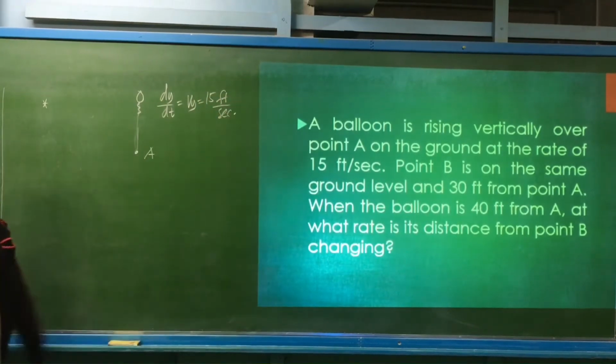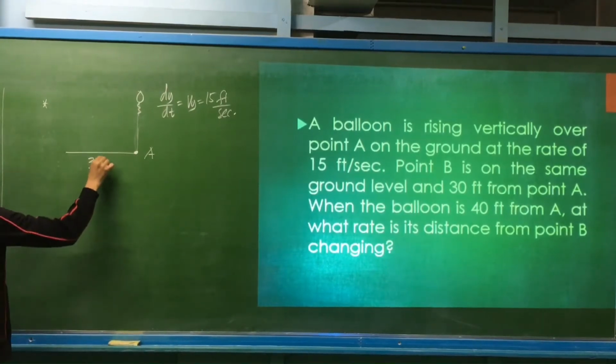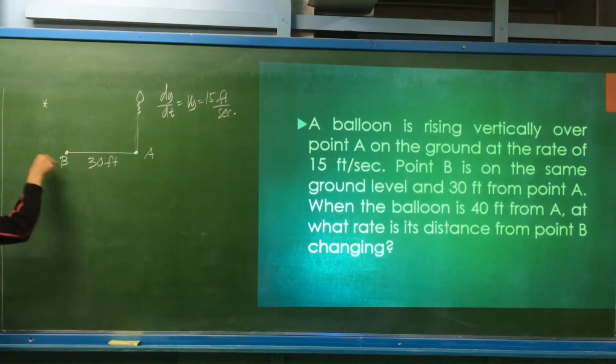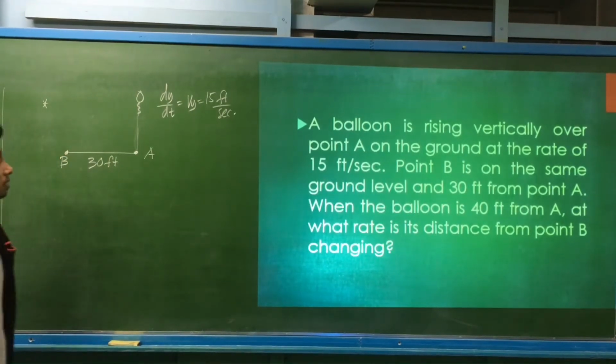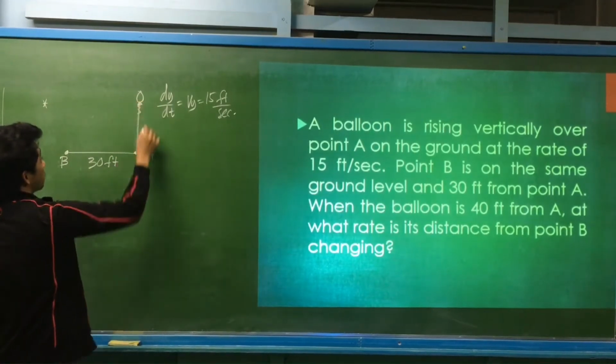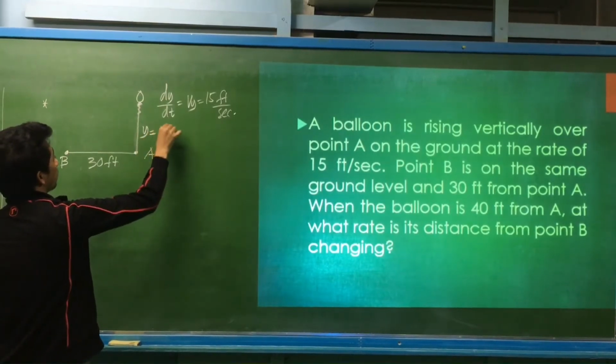We have another point B on the same level ground, which is 30 feet from point A. Let's say this is point B. When the balloon is 40 feet from A, let's say the distance from point A to the balloon is y equal to 40 feet.